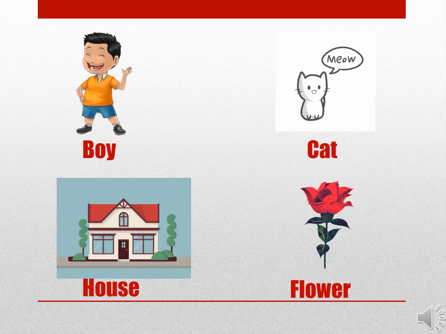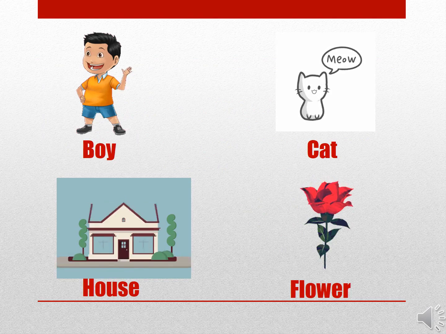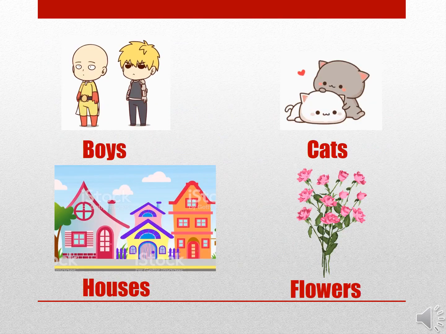For example, boy, cat, house, flower. A noun that names more than one person, animal, place, or thing is called a plural noun. For example, boys, cats, houses, flowers.